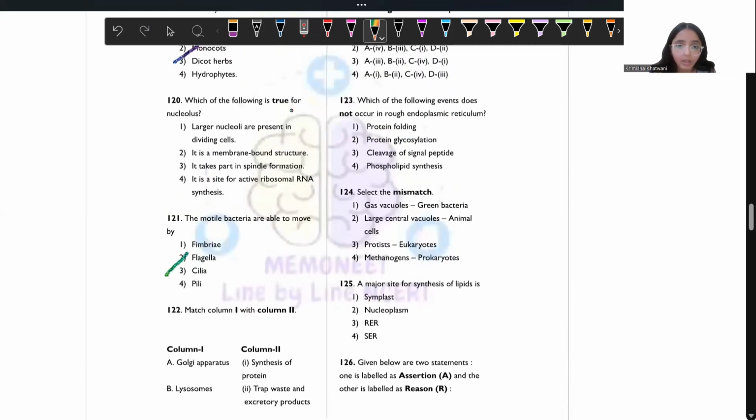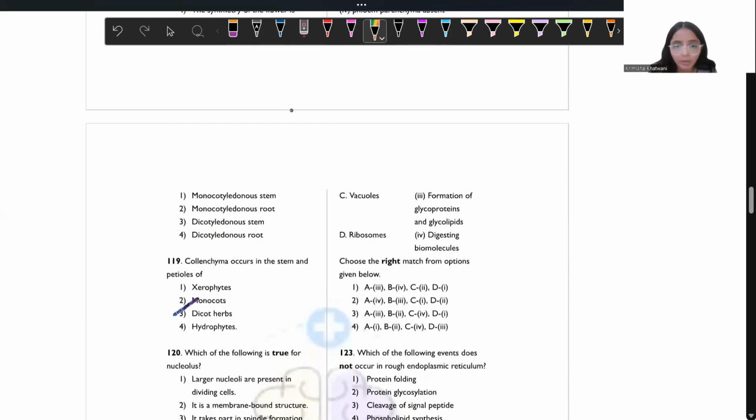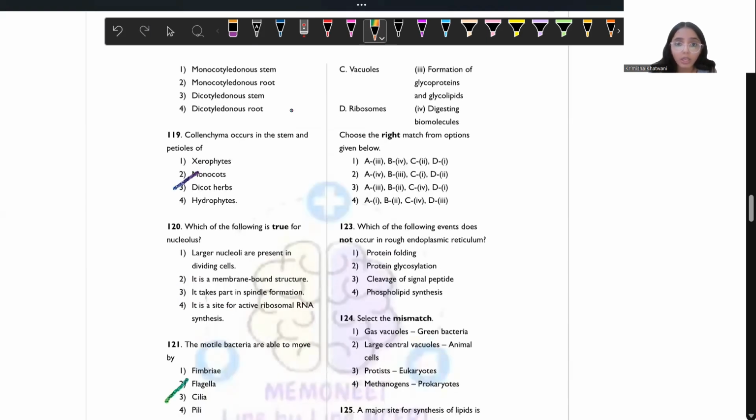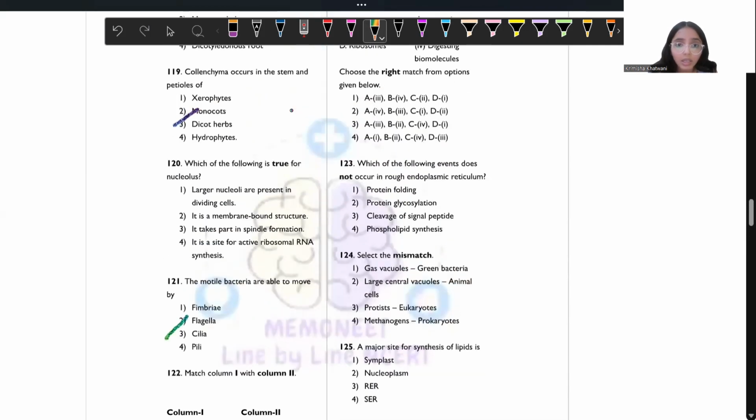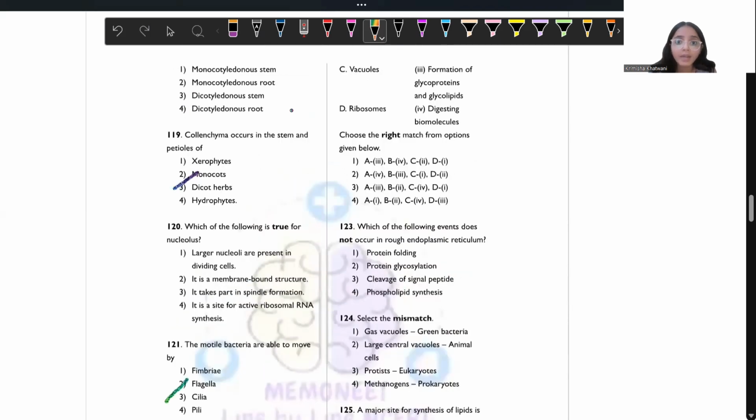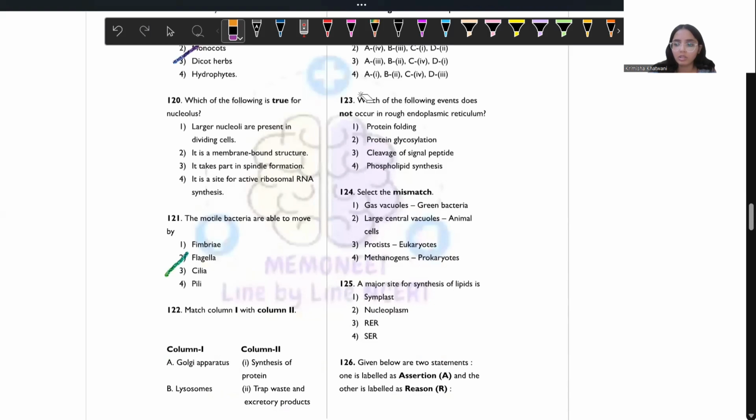And ribosomes synthesize proteins. So we have A3, B4, C2 and D1. Okay, so answer is option number 1. This is a very simple question. I don't think I have to explain it also. I mean, this is the easiest chapter.